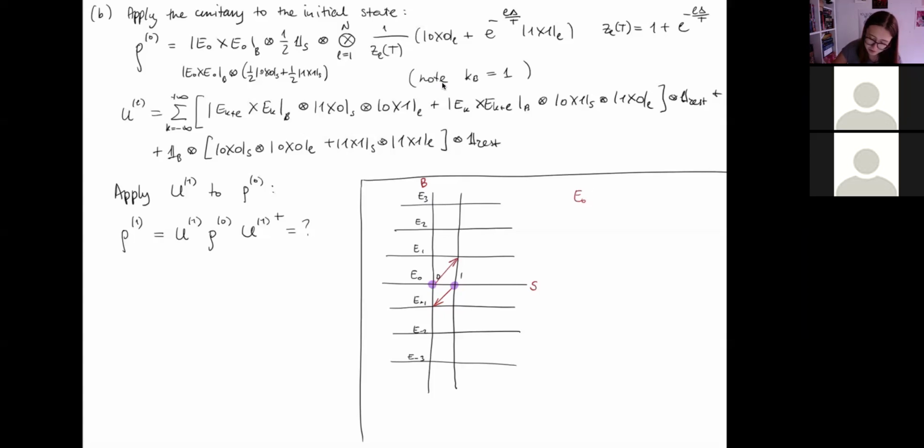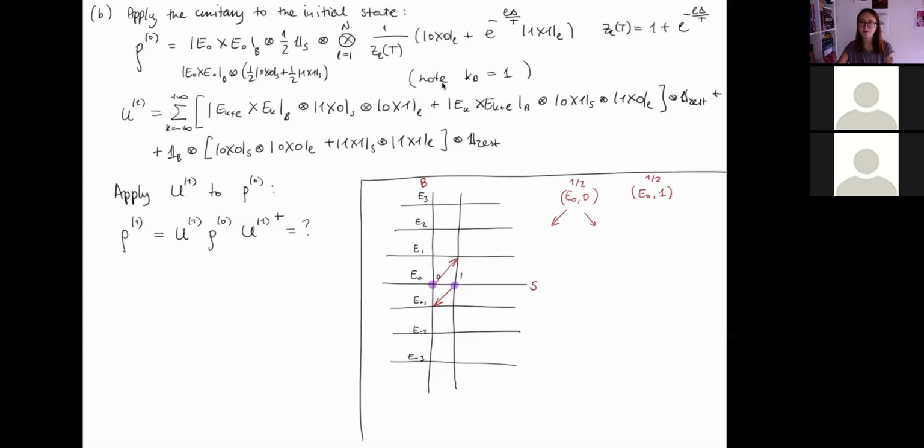Essentially, we can portray this as a certain diagram. We have the system in the state E00 with probability 1/2, and E01 with probability 1/2. Then what happens during the first step?